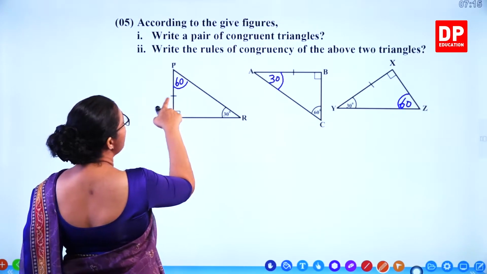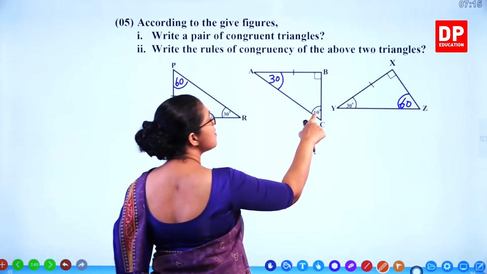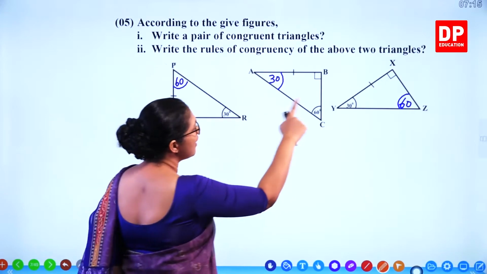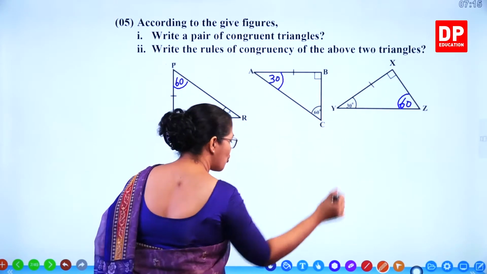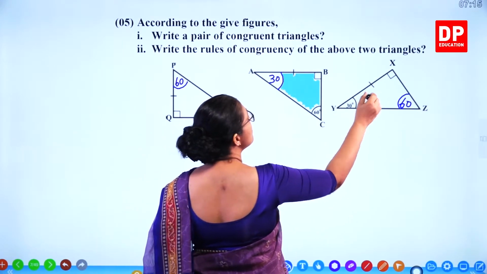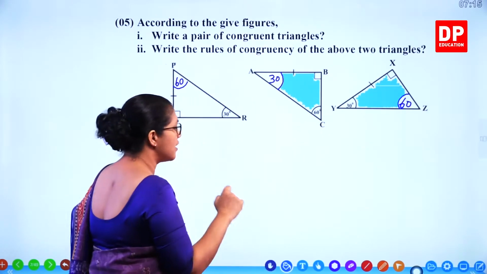This length is opposite to 30. But this length is opposite to 60. So these are not congruent. We'll look at this one. This is opposite to 60. So these two are congruent. So you can see this one and this one, both are congruent.